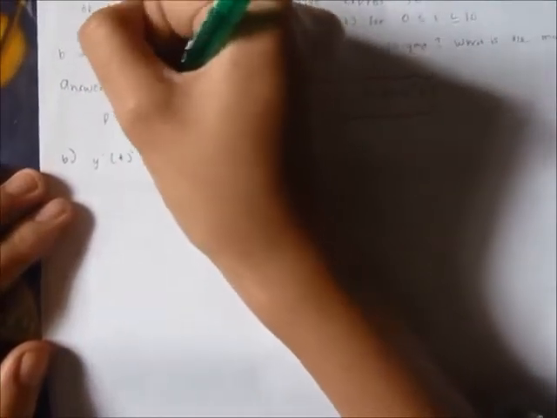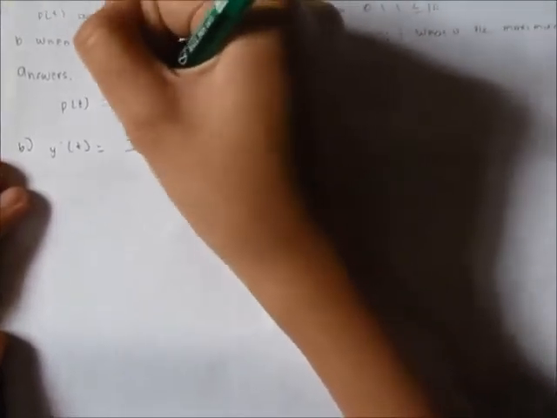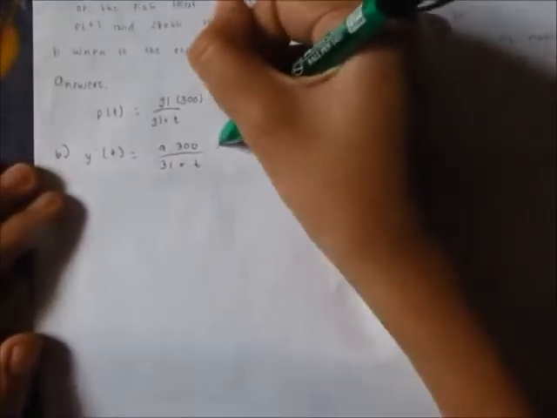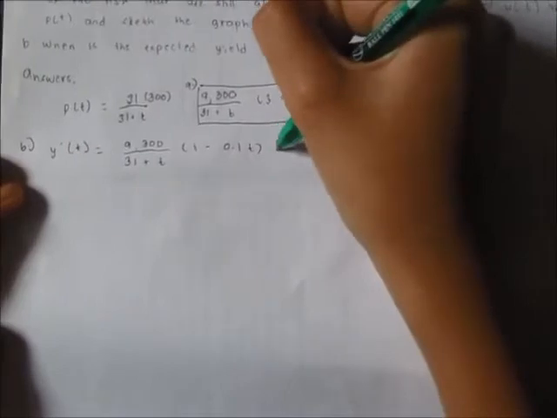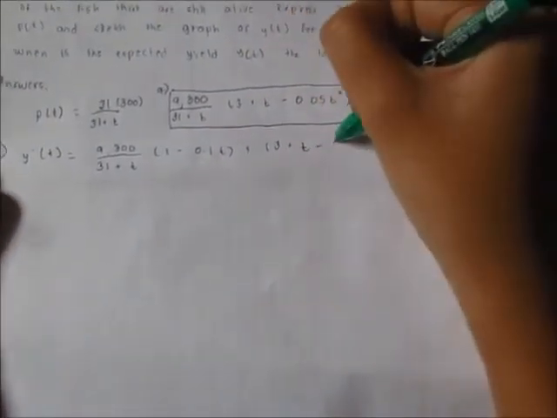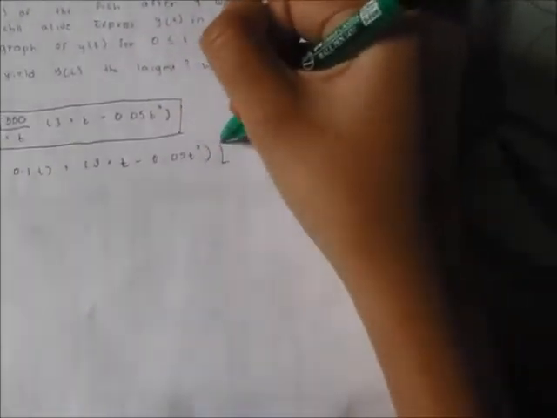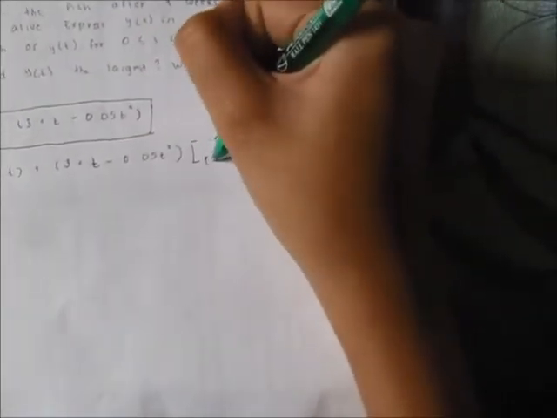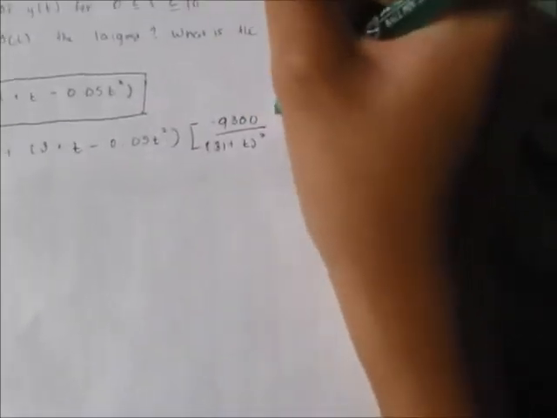Y prime of T equals 9,300 over 31 plus T, times 1 minus 0.1 T, plus 3 plus T minus 0.05 T squared, times negative 9,300 over 31 plus T squared.